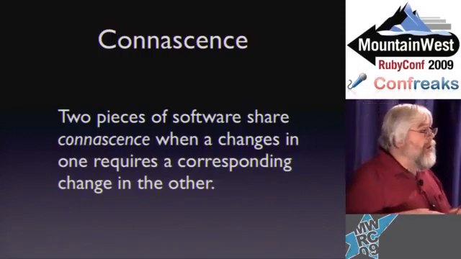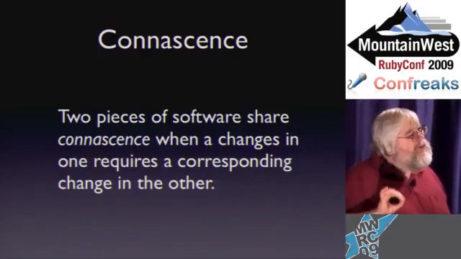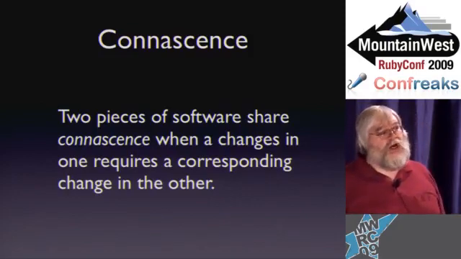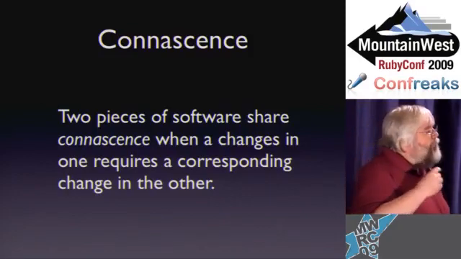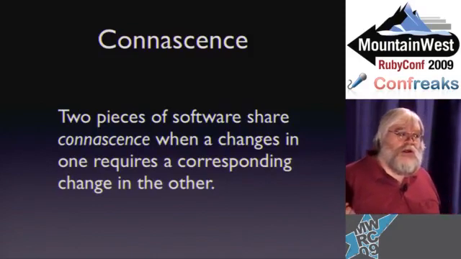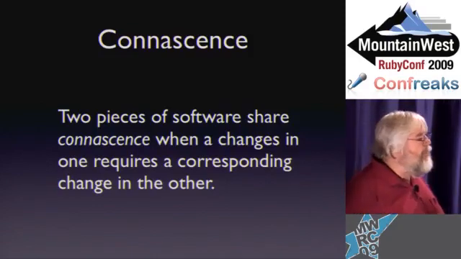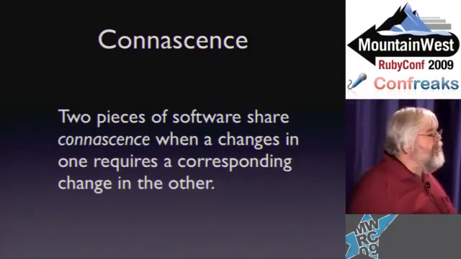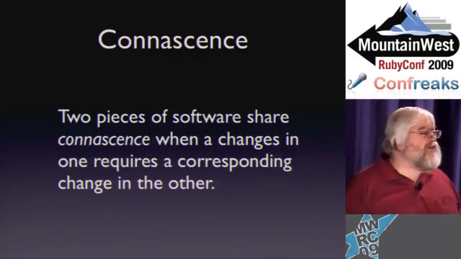They have a coupling, in other words. And rather than the seven layers of coupling that Myers talks about, Page-Jones defines connascence in very operational terms. And he talks about different kinds of connascence.